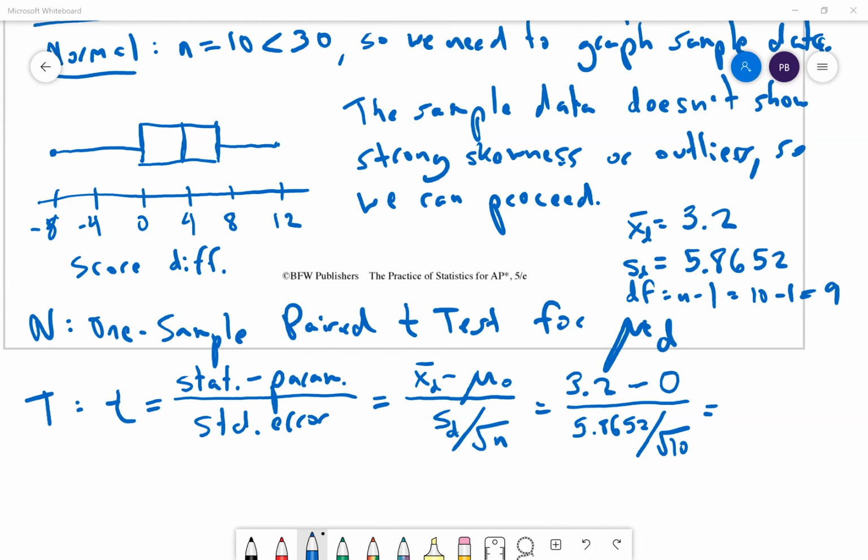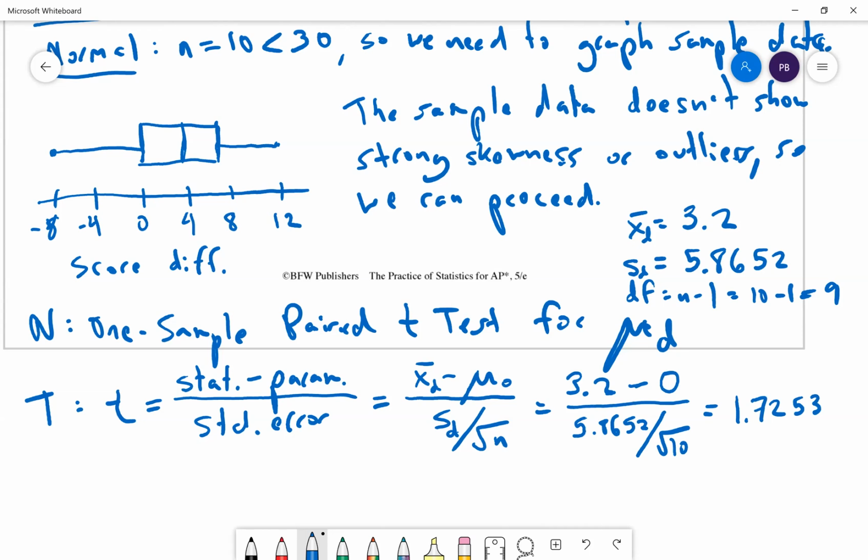So that is my t test statistic, 1.7253. So let's write that down. Back on the handout, 1.7253, that's our test statistic.